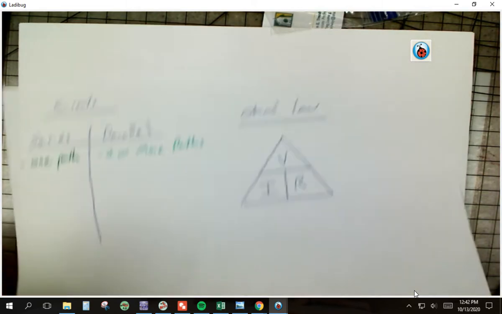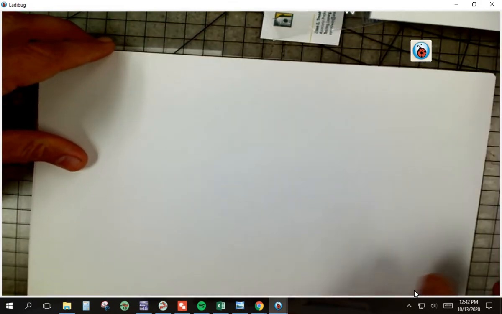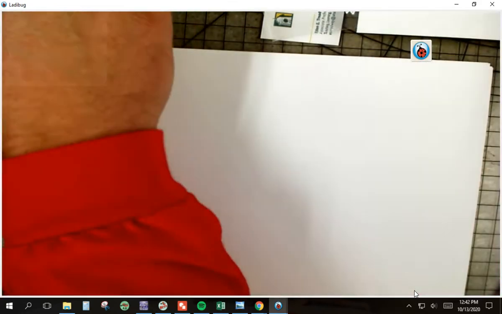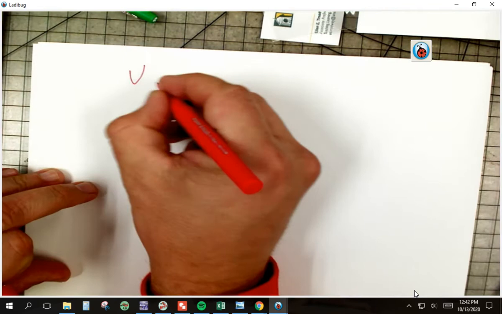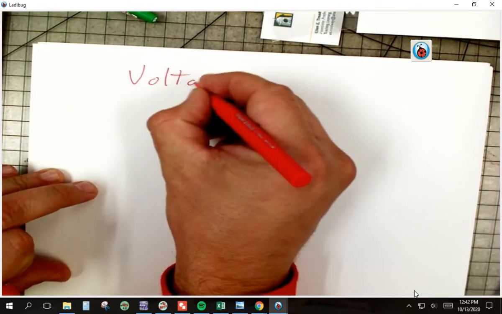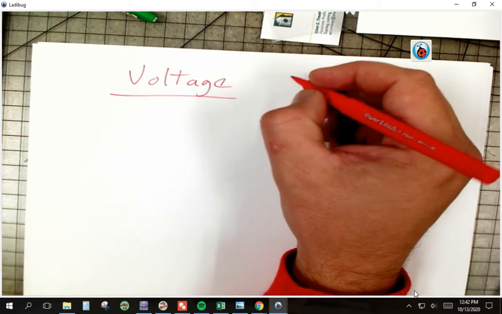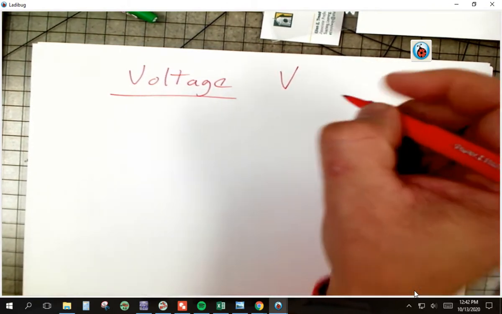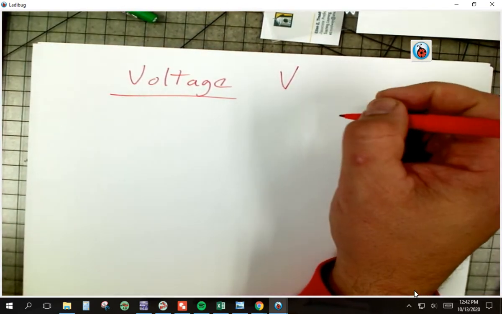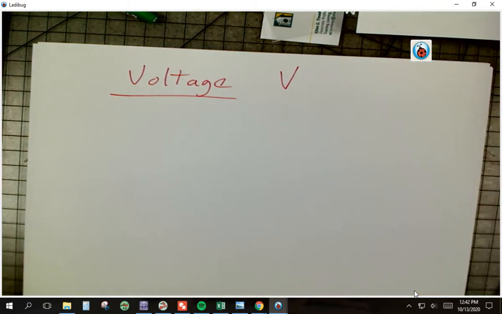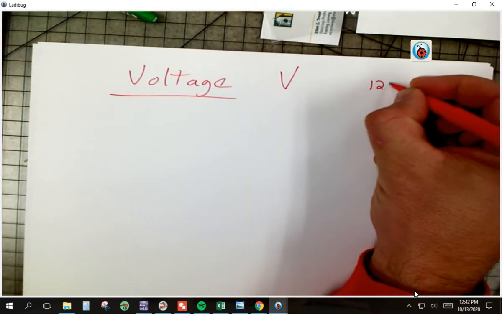Okay, so let me switch over here. One of the things when I'm talking about voltage, okay, remember it's going to be volt, and it's also its SI unit is volt, and its variable is voltage. So an example of that, I might say 12 volts.